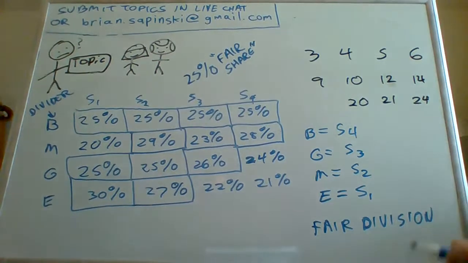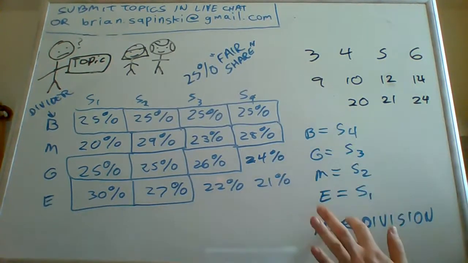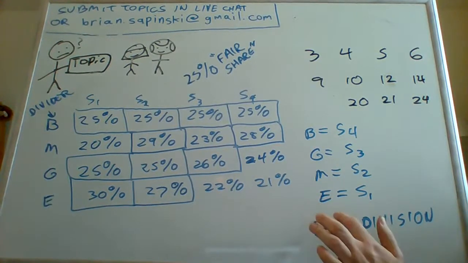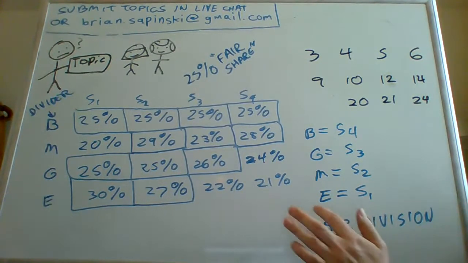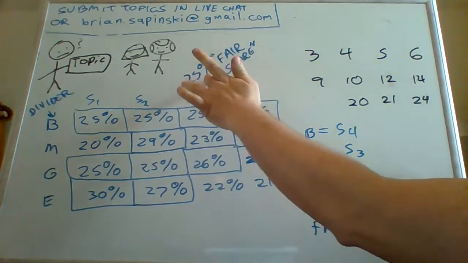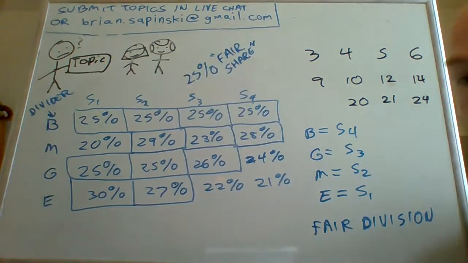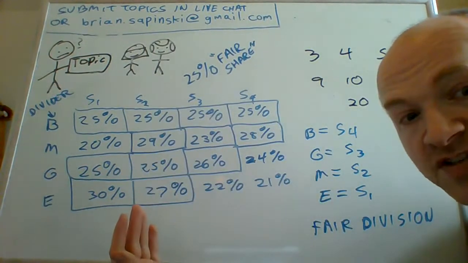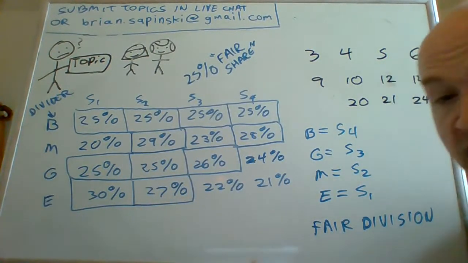That's the ultimate goal of any fair division game, to make sure that everybody leaves with something that in their eyes is of at least equal value according to how many players there are. So that's the nature there.